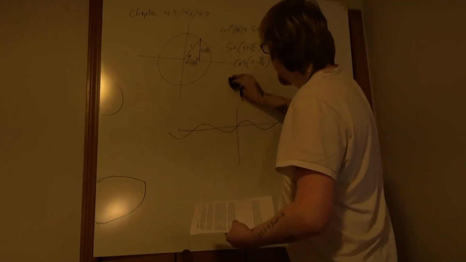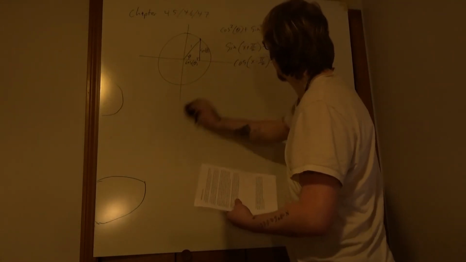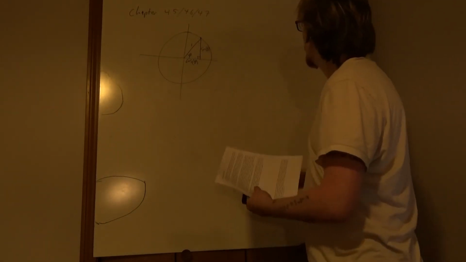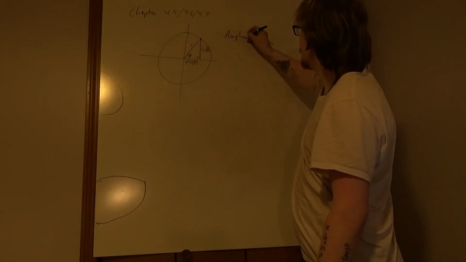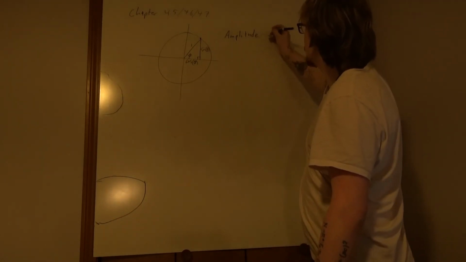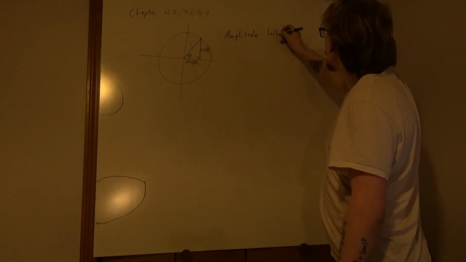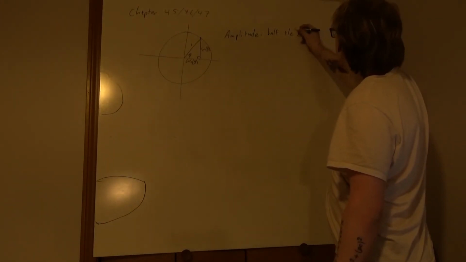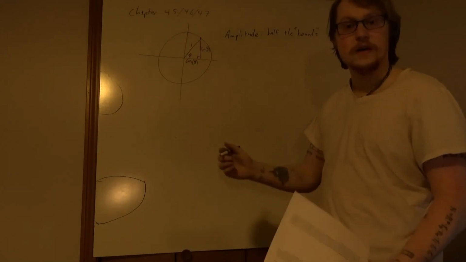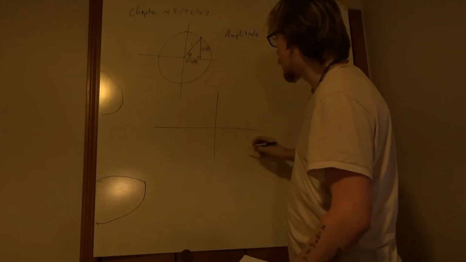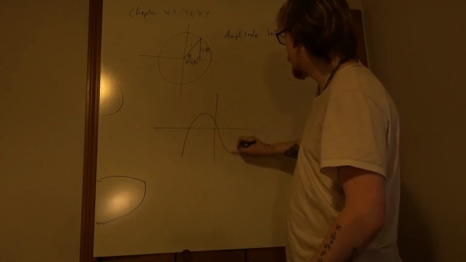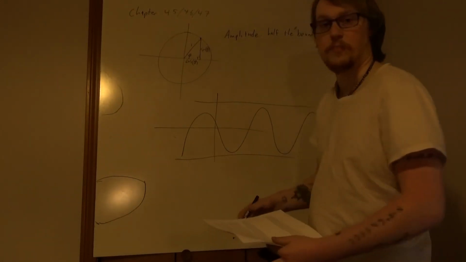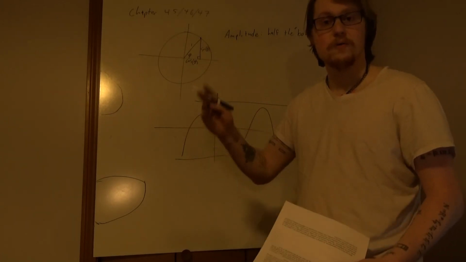So the amplitude is going to be half the bounds. When I say bounds, I mean that if I give you a curve that goes from -4 to +4, well, the bounds would be 8, right?